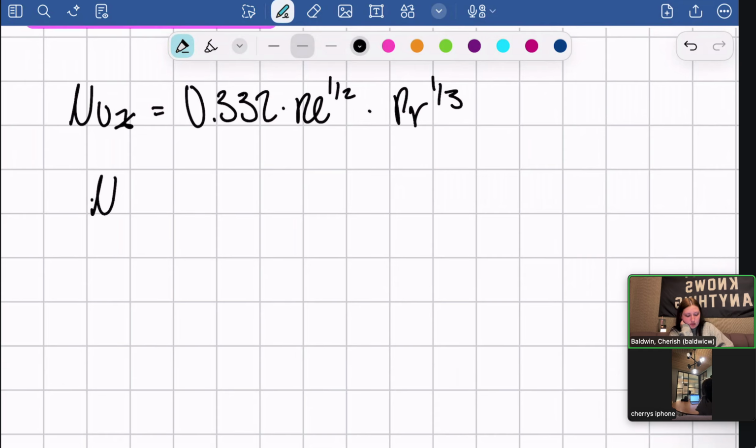So let's write out each dimensionless number in its units first.